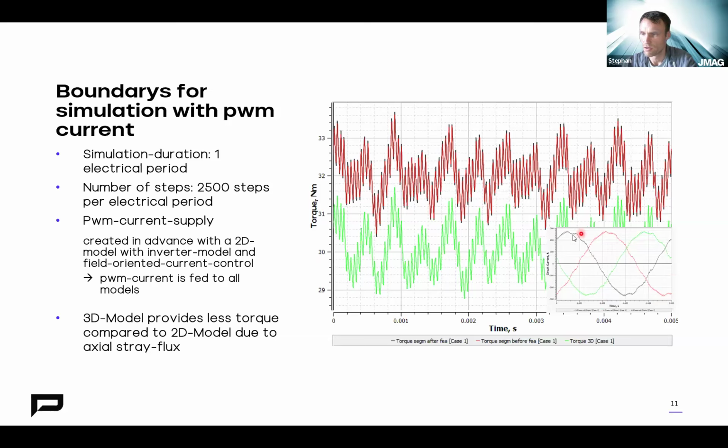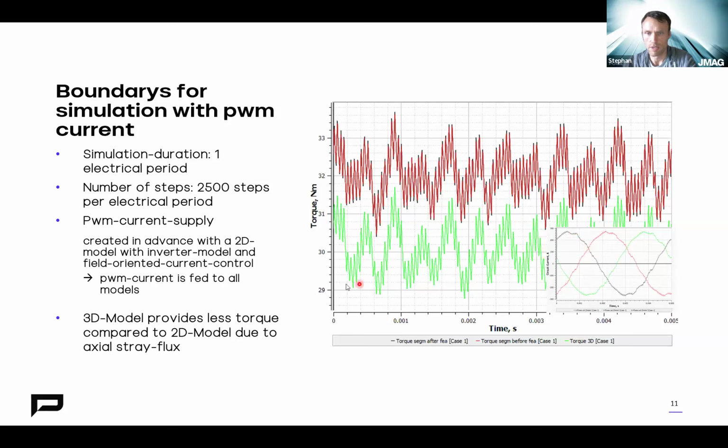And here on the right lower side, we see the PWM current fed to these models. And we can see the typical PWM ripple in this current, but we can also see some additional harmonics due to the control, which has created this PWM current. And these harmonics will also create some additional joule loss in the magnets.